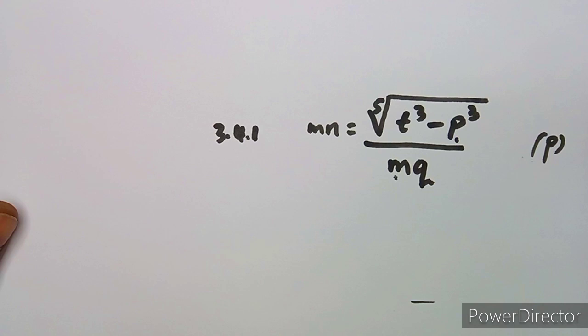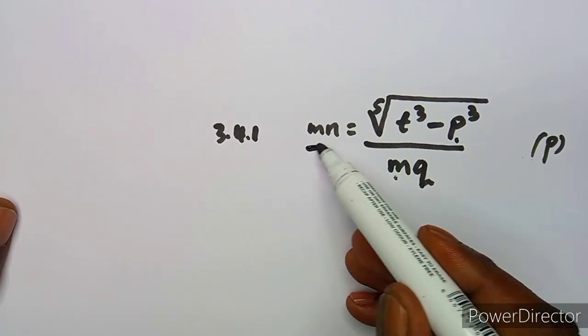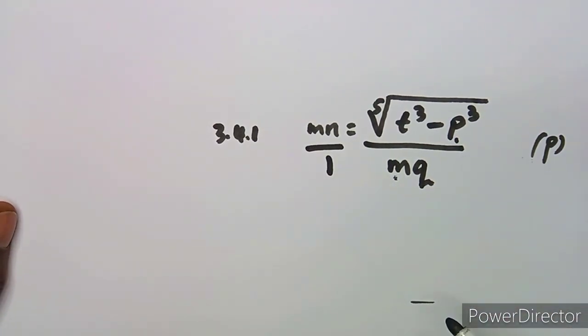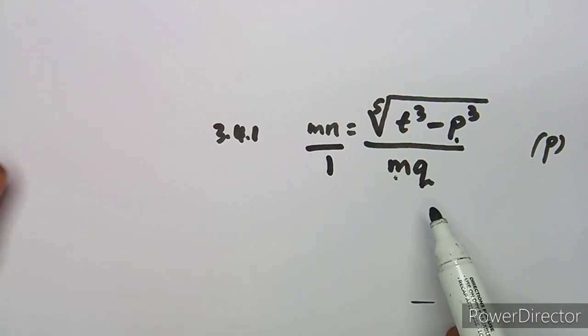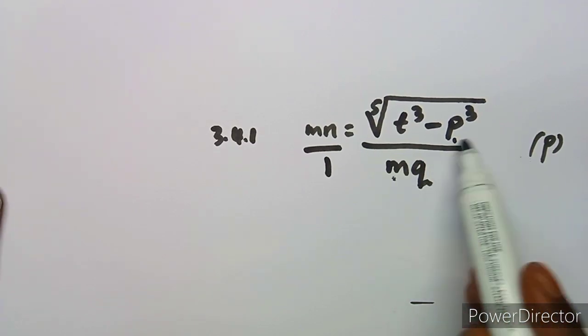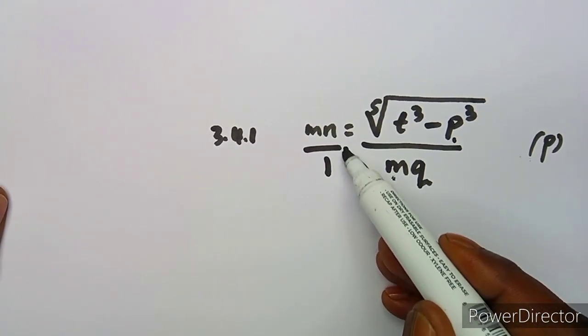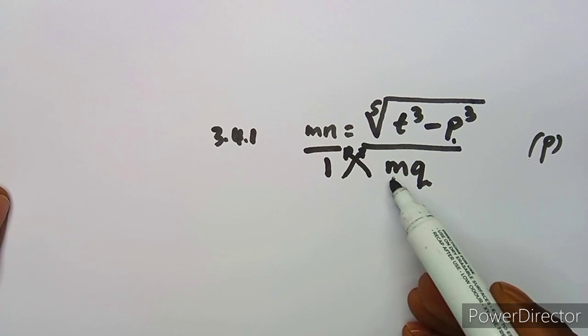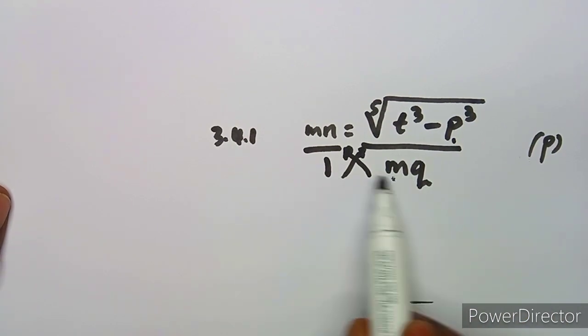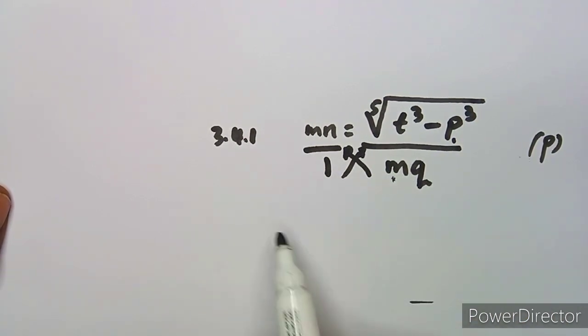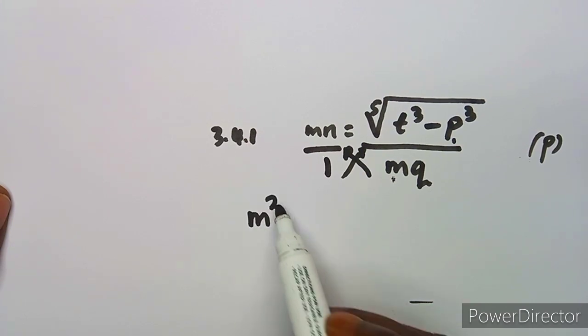So what can we do? Let's maybe start by cross multiplying, so that at least we can remove some other terms which do not have anything to do with p. So if you cross multiply, we're going to have m and m, which is m squared.